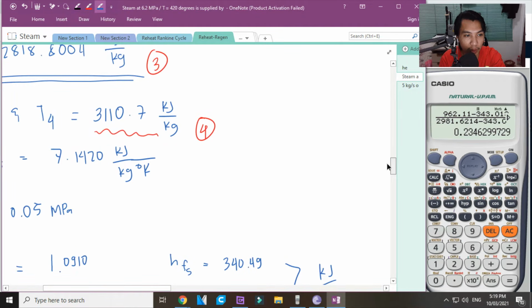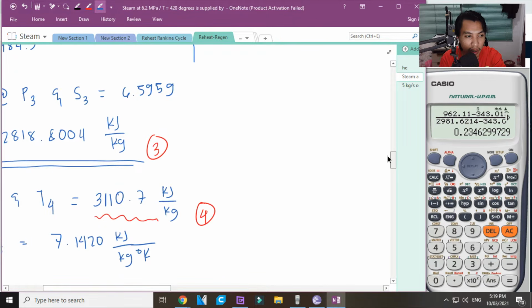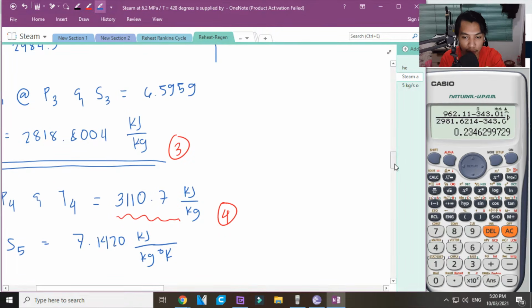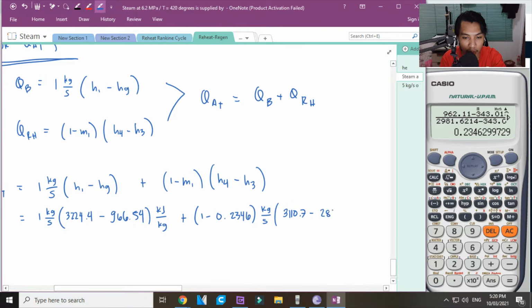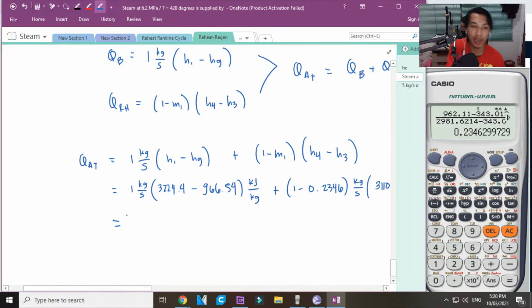H4, ayun, 3110.7 minus H3, 2818.8004 kilojoule per kilogram. Ang lalabas dito is kilowatts. Nagtatanong nakaraan, kilowatts ba, sir? Yes, parating ganun. Pag sinabi ko HP, di HP.